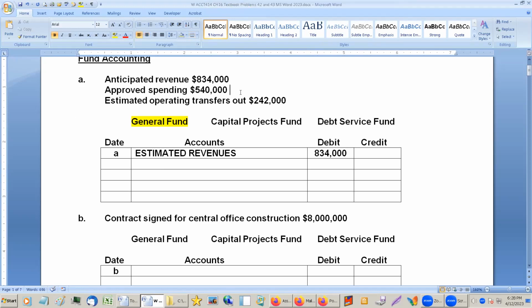These are sort of like the estimated expenditures. And you're probably thinking, well, we probably just put on estimated expenditures. Actually, we don't. We call them appropriations.